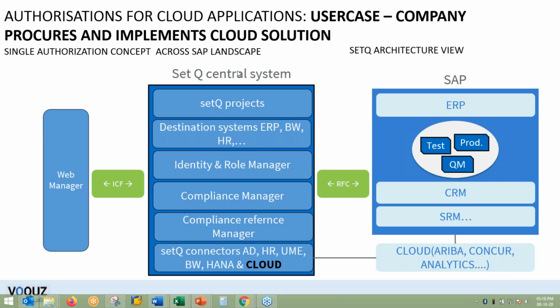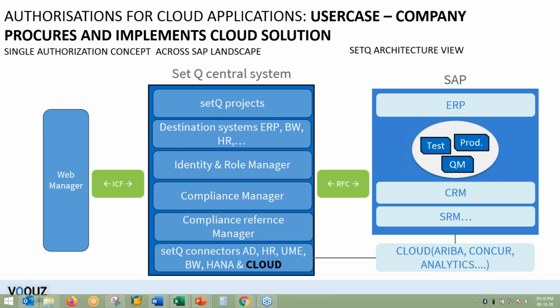In terms of the setQ central system, it comes with a structure which has projects. So you set up a relevant project for the organization. You link in all the destination systems. This is really important because, again, we want to maintain that single authorization concept across ERP, BW, HR. In the past, these systems had their own unique authorization concepts for things like BI and HR, HCM, etc., so you'd have to redevelop the same authorization concept there again.